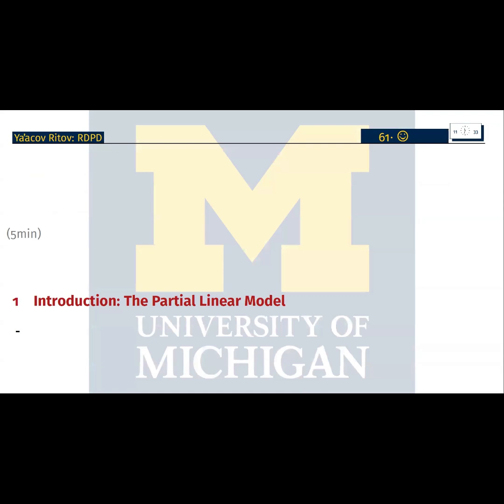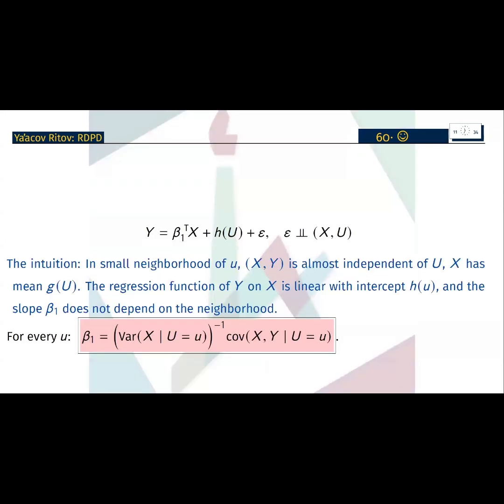Okay, but let's start in the old time, the semi-parametric story. One of the models that was considered 40 years ago or so was a partial linear model. So what do we have there? We have a regression which has two components.